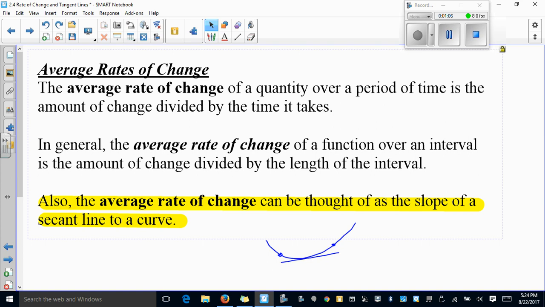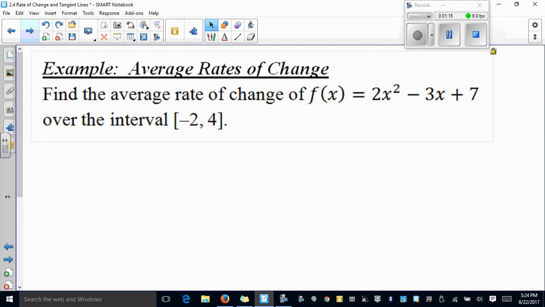So the very first one, average rate of change: find the average rate of change of f of x equals 2x squared minus 3x plus 7 over the interval of -2 to 4. So you're simply doing f of 4 minus f of -2, all over 4 minus -2.